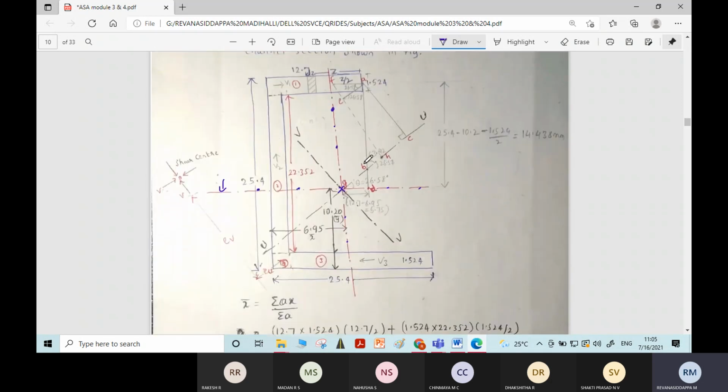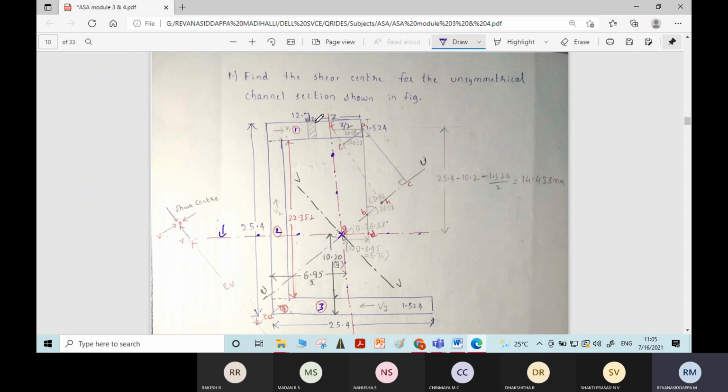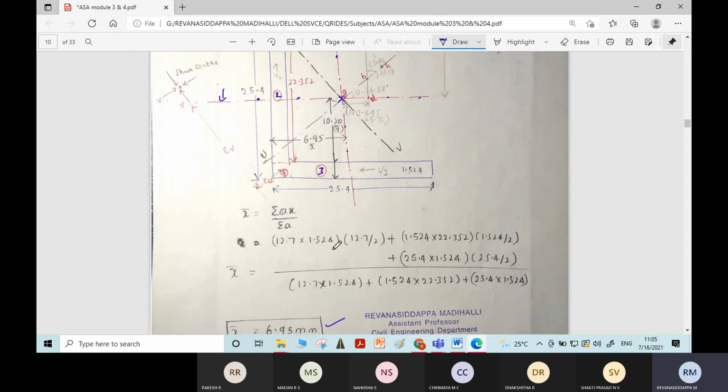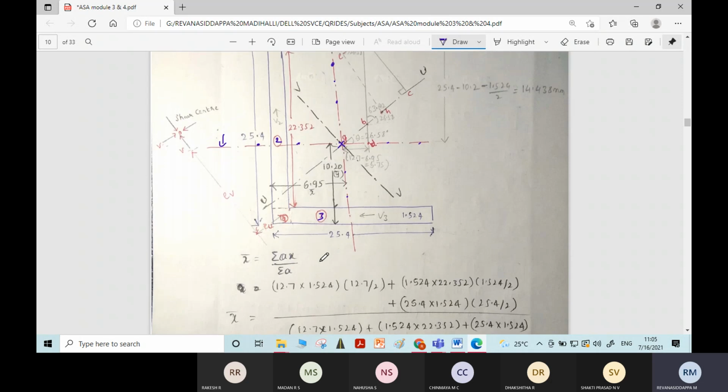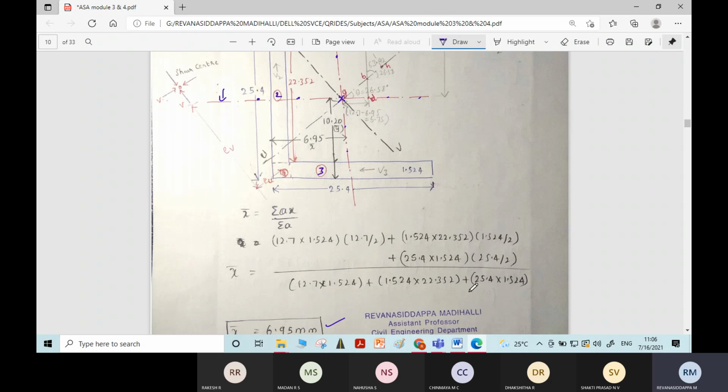This whole figure is divided into three rectangles: rectangle 1, rectangle 2 and rectangle 3. Individual areas are calculated. Area of rectangle 1 is 12.7 into 1.524, and x bar is a1 x1 plus a2 x2 plus a3 x3 divided by a1 plus a2 plus a3.